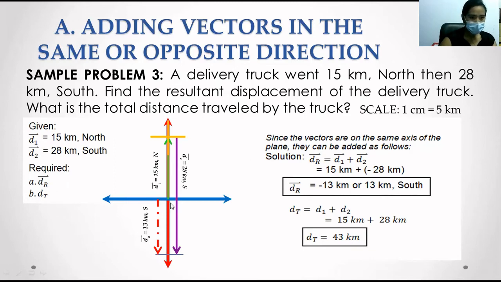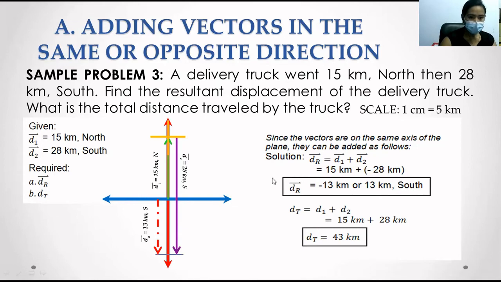So that would be going north, positive y-axis, positive 15 kilometers plus 28 kilometers going southwards, which will take a negative sign. So that would be 15 kilometers minus 28 kilometers.